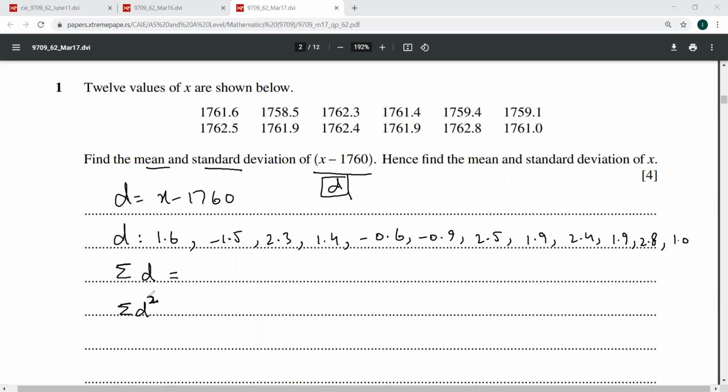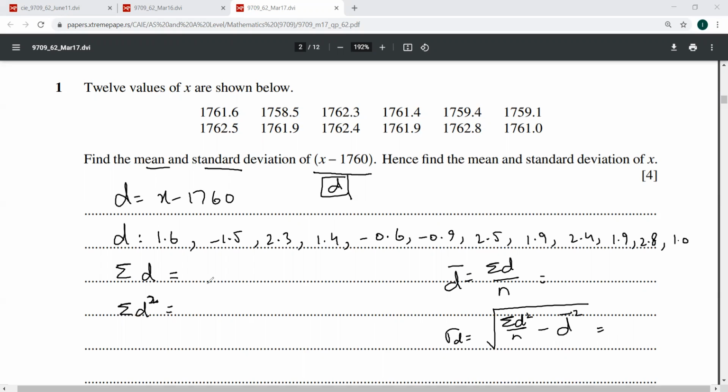Then we shall find the mean through this sigma. Please use your calculators. I'm waiting for you people. And then this standard deviation would be the square root of sigma d squared over n minus this d squared.